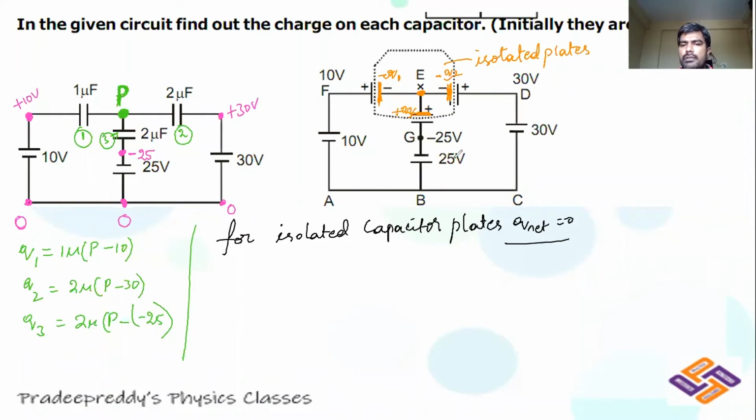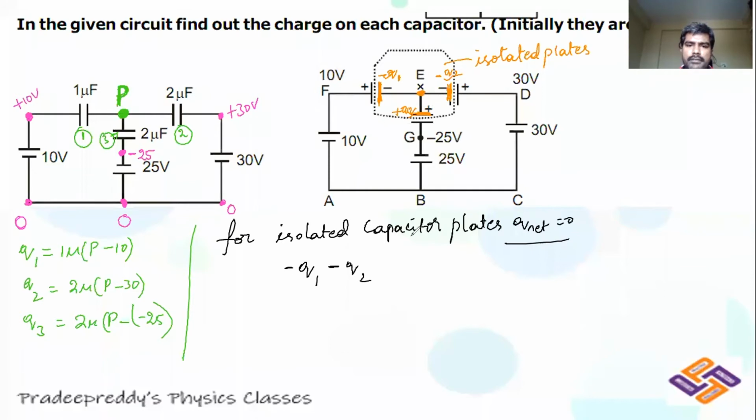Because of the connection of these batteries, the charge on these three plates gets redistributed, but there is no additional charge added to them. They themselves will be redistributing the charges depending on the potential difference across those terminals. Now I'll write down Q1. Take the sign convention: minus Q1, because across this plate it is negative charge. And next, minus Q2.